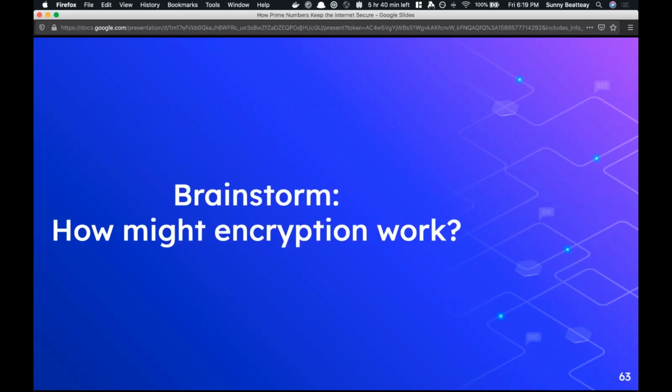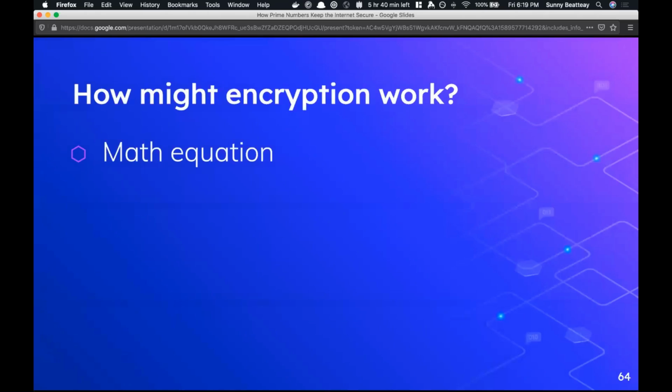Based on what I've said earlier in this talk, there are some criteria for encryption. Since we're dealing with numbers, we know that encryption has to be some sort of math equation. We also know that encryption has to use our public key. We have 7, 221, so it has to use a number in some way.